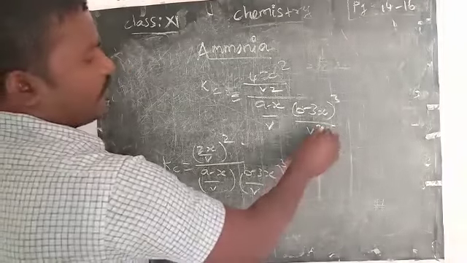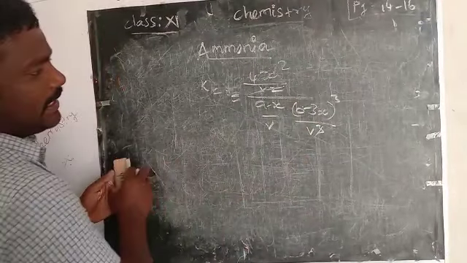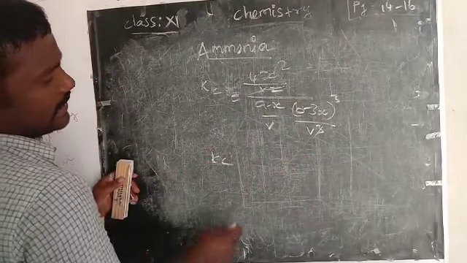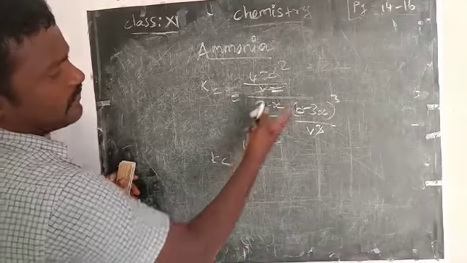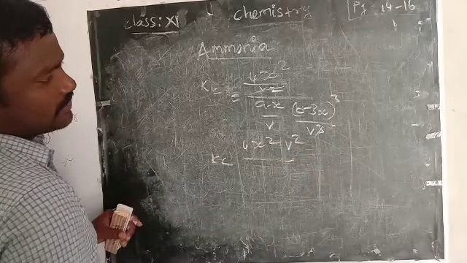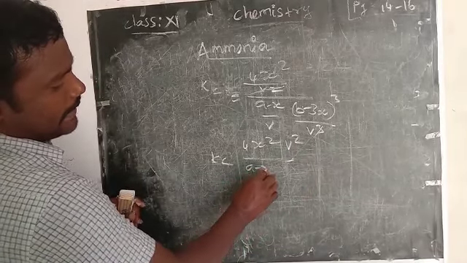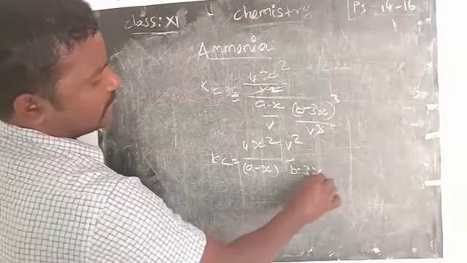Then V squared will be cancelled. What is remaining? Kc is equal to 4x squared V squared divided by a minus x, b minus 3x whole cubed.